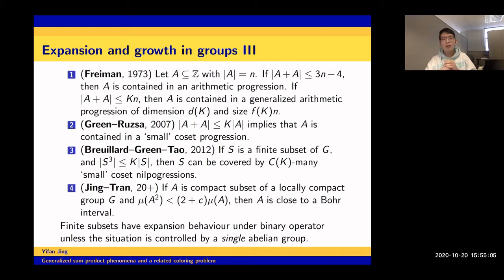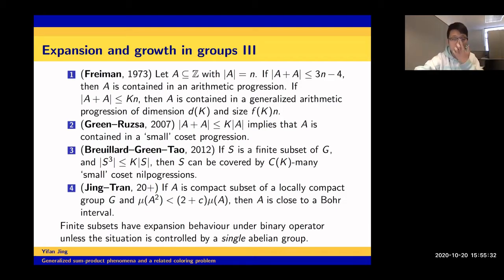So one can think that a non-abelian group gives us, in some sense, a field structure. For example, all the linear groups, the subgroups of GL_n. In this matrix group, you actually have addition and multiplication. And in some sense, it can be seen as a field structure. And then the set A is essentially controlled by one abelian group.